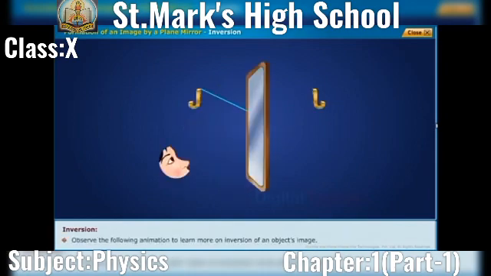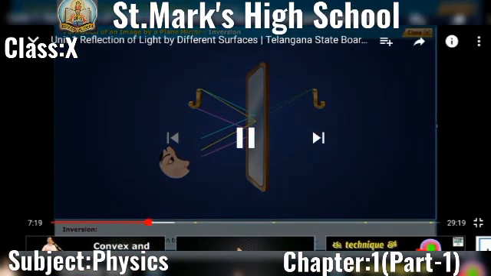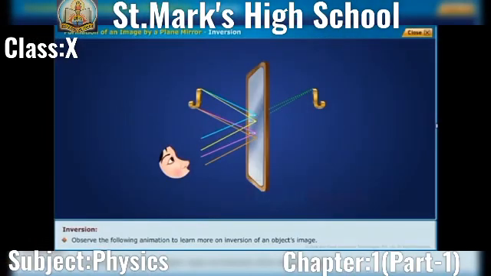Observe the following animation to learn more on inversion of an object's image. After learning about reflection of an object from a plane mirror, let us now learn about reflection of objects from curved surfaces.